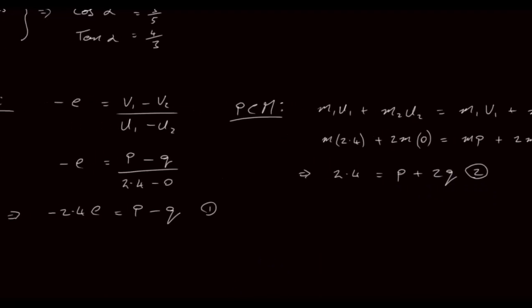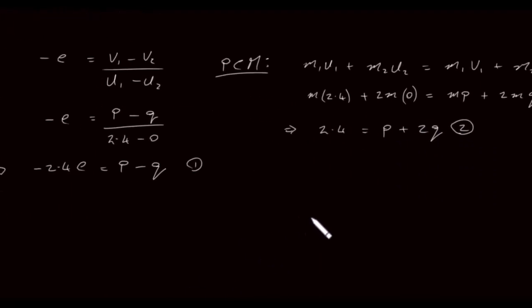Okay, so let's put these two equations together. So what I'm going to do is multiply equation 1 by 2. So that'll give me minus 4.8e is equal to 2p minus 2q. This is equation 1 multiplied by 2. Let's add these.